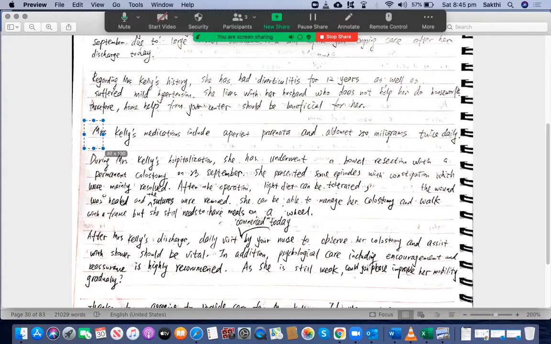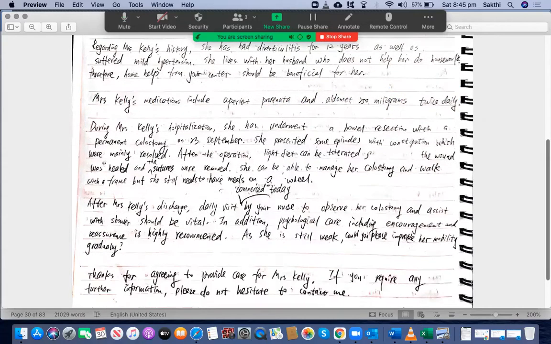"Mrs. Kelly's medications include..." and then you have written on the medication, and then this one, 50 minutes twice daily. That's okay. I'm happy with that. Let's go to the next one. "During Mrs. Kelly's hospitalization", that's okay. "She has underwent." See, this is wrong.